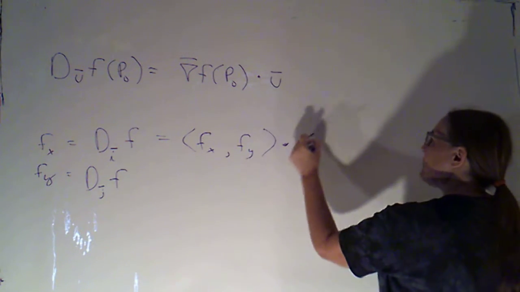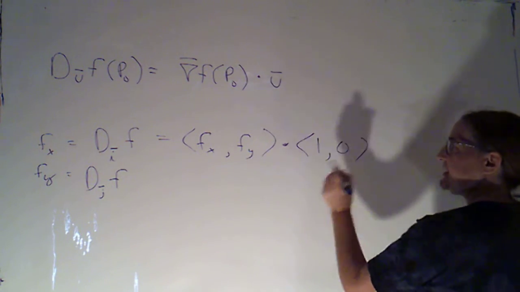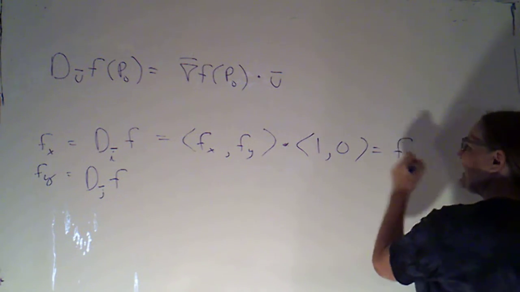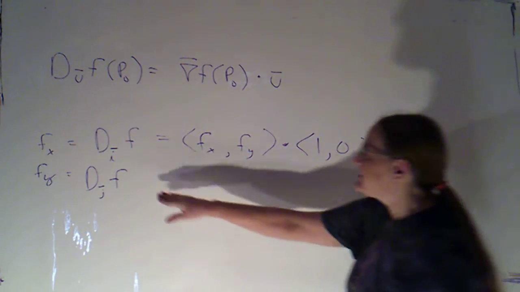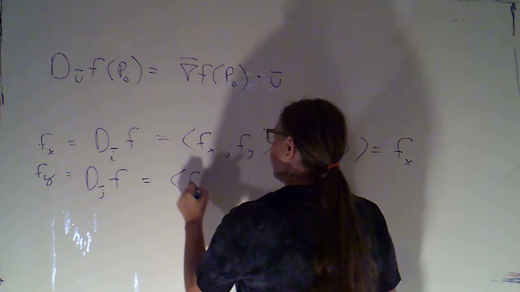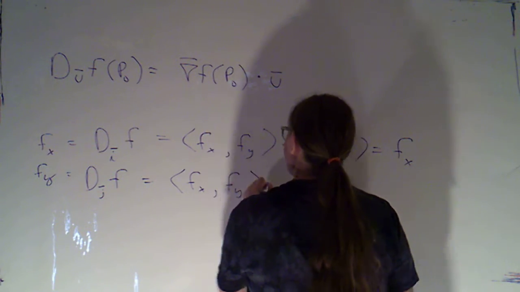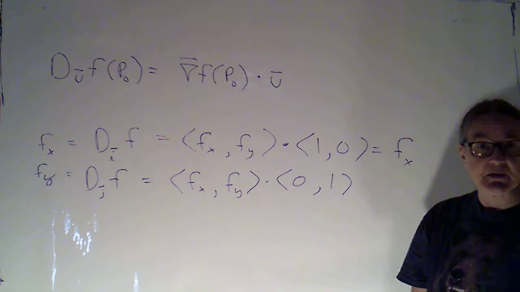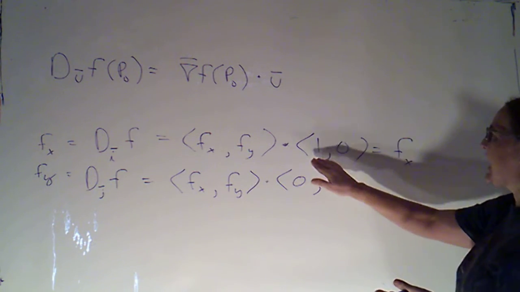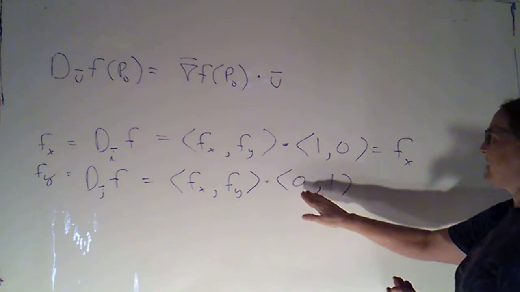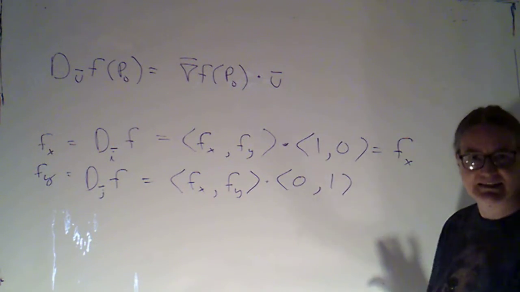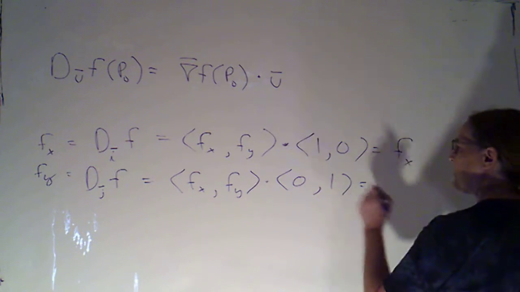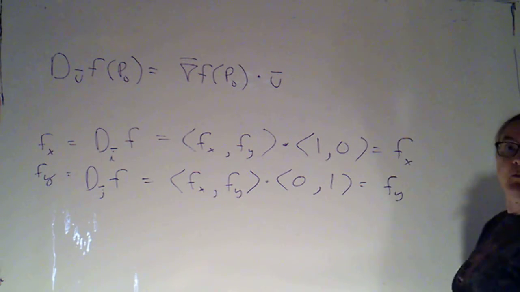If I dot that with i, which is 1, 0, I'm just getting f sub x. Similarly, if I dot the gradient with j, I get f sub y. I'm doing this in 2 space. In 3 space, i would be 1, 0, 0, and j would be 0, 1, 0, but the same principle holds.